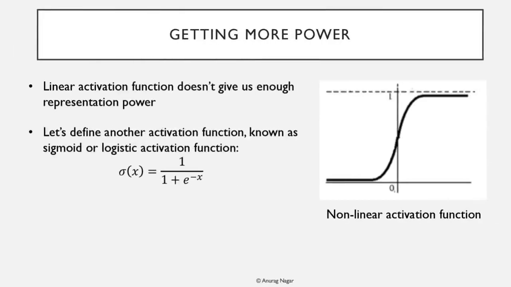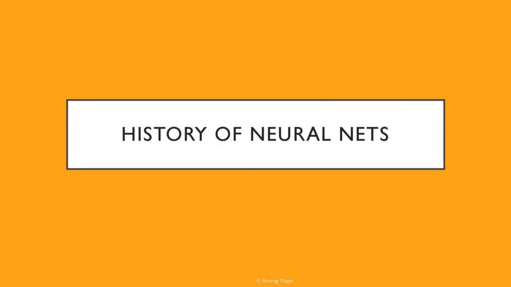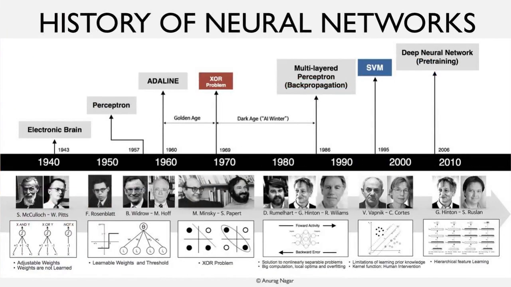Then the year came, 1969, when an astronaut went to the moon, but people still could not figure out how to solve a nonlinear problem or to make a machine that behaves much like a human being.